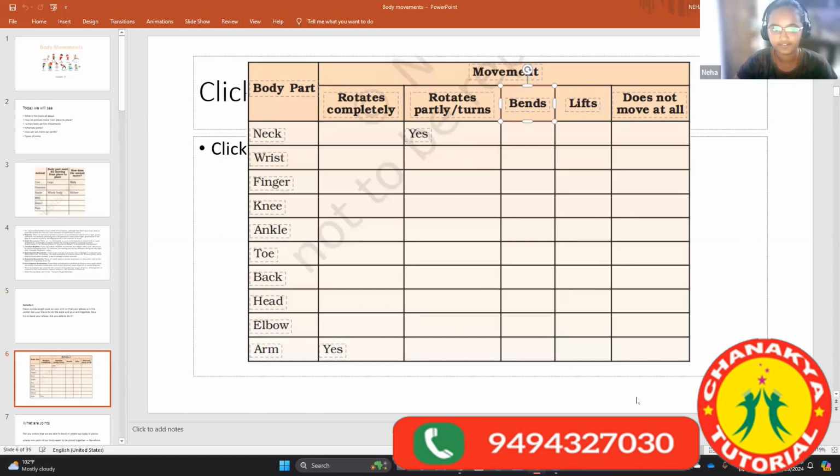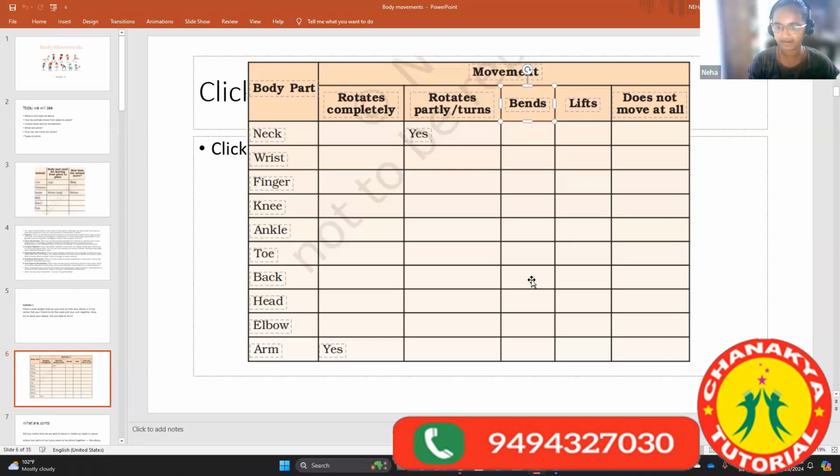Okay, that's a table. First, try moving your neck. Do this and see, and tell the answer to Neha. Okay, ma'am. Are you able to rotate it completely, or only partially, like only a little?